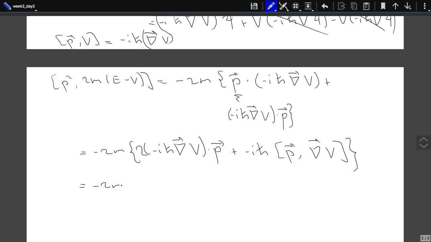So this is equal to minus 2m times minus 2i h bar gradient of V scalar product with the momentum, plus minus i h bar squared times the Laplacian of V.